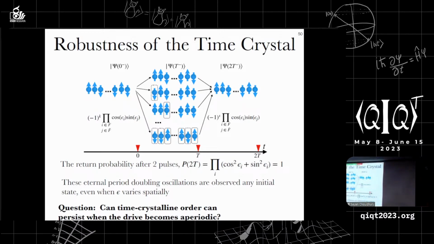Interactions are needed to stabilize the time crystal, but they also prevent heating, because in these mean field models the number of states the system can go to is far more restricted compared to a generic non-integrable model.